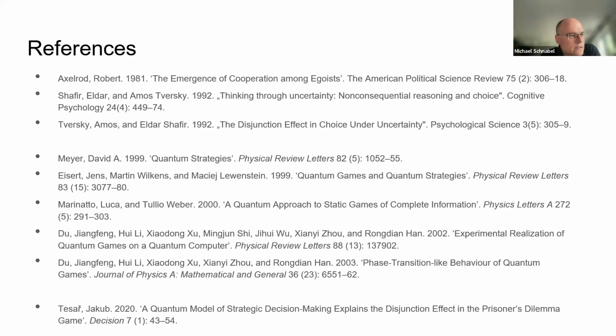What is interesting also is looking at this entangled state in the Battle of the Sexes, where you showed it, and thinking about mechanisms which can create such an entangled state in the so-called real world. Of course, the math is simple, but how do you get to an entangled state in the real world?